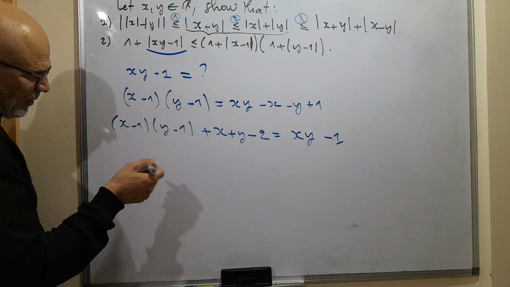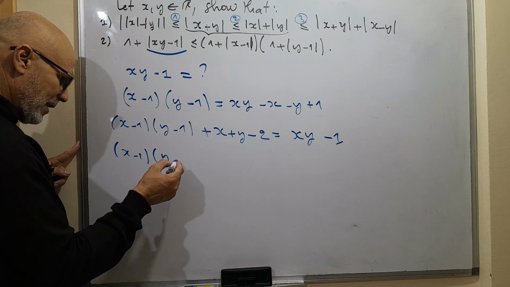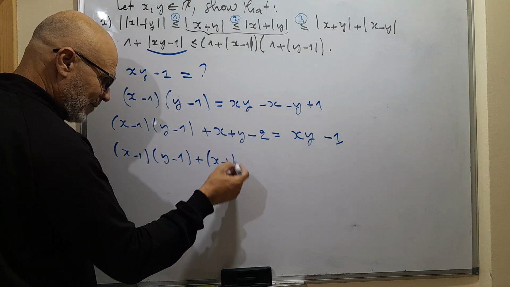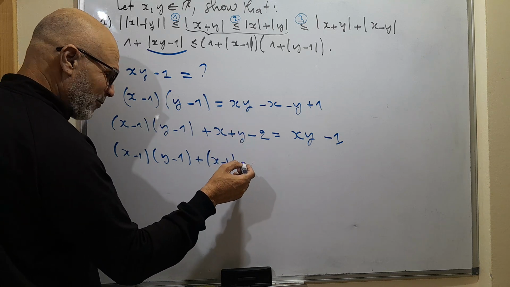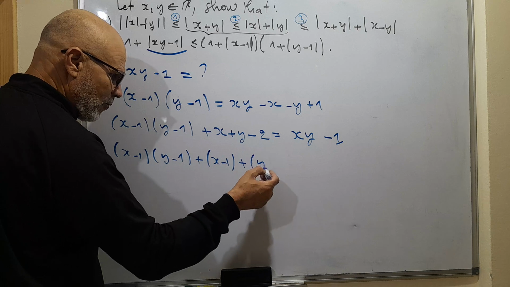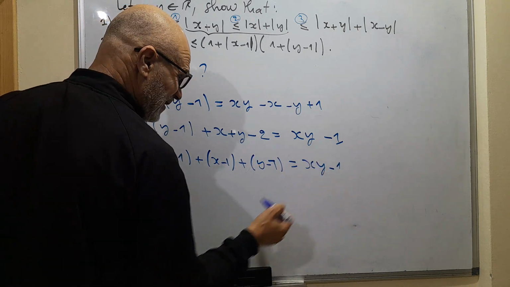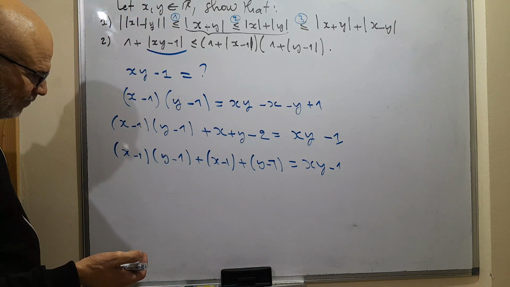Thus x minus 1 times y minus 1 plus x minus 1. I have minus 2, so I take minus 1 for x and minus 1 for y. So xy minus 1. Okay.